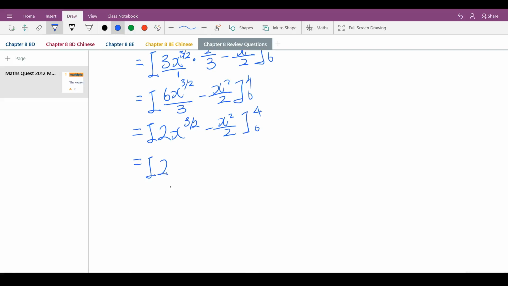So it's 2 multiplied by 4 to the power of 3 over 2 minus 4 squared over 2, minus the 0 bit. Now, I'm not going to write the 0 bit out because I know when I sub the 0 in, they all equal zero because it's either multiplied by a 0 or divided by a 0. So there's nothing to write on the other side. So let's do it like that.